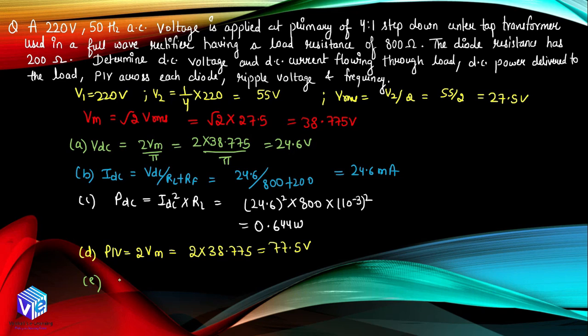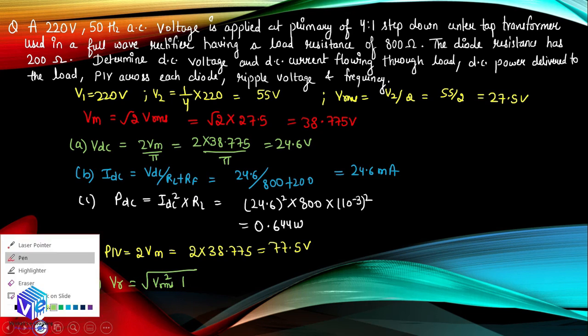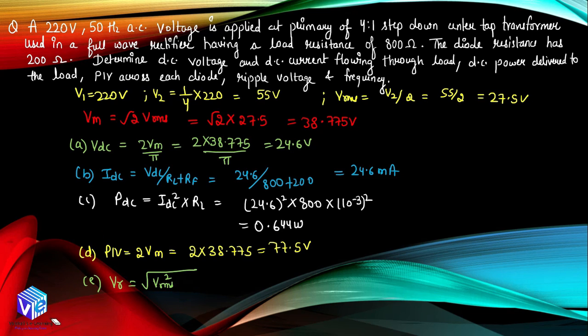Now moving on to the next part. Here we have to find out the ripple voltage. So VR will be equal to under root Vrms square minus VAC square, right? We know Vrms, and we know how to calculate the VAC. Vrms we have calculated, it is 27.5 volt.